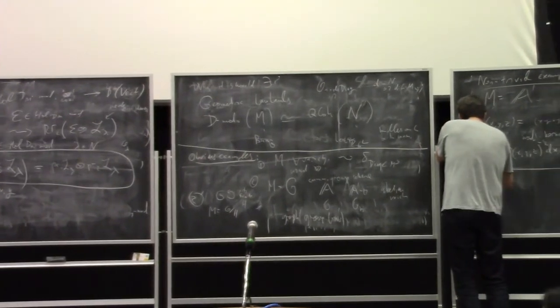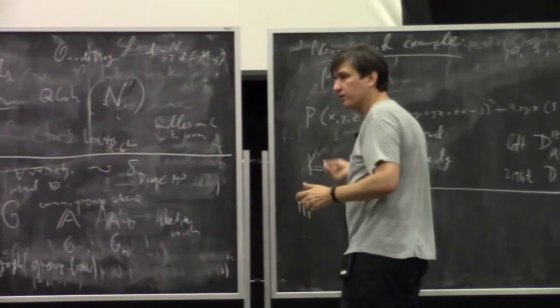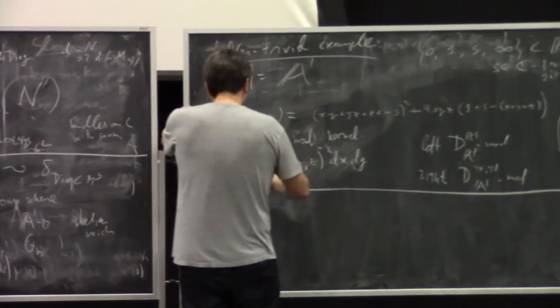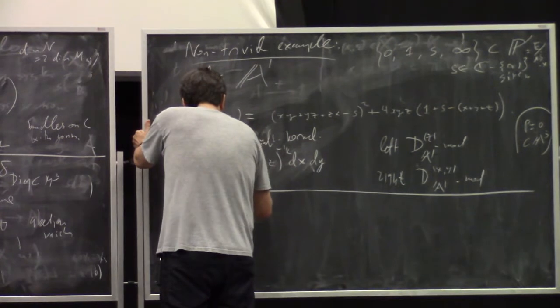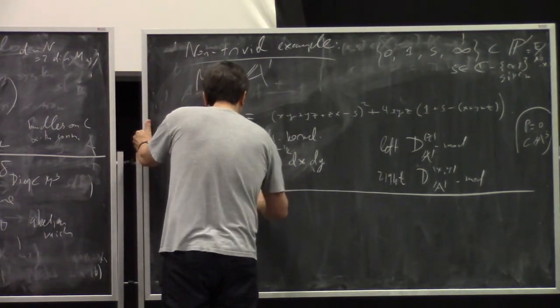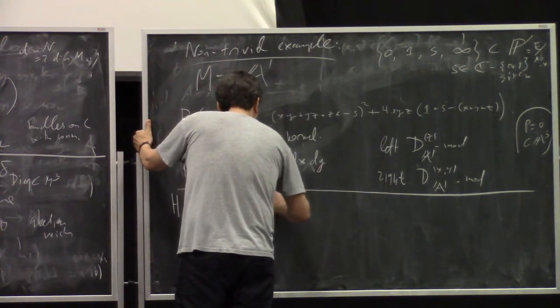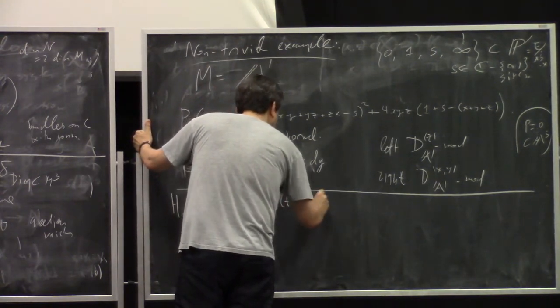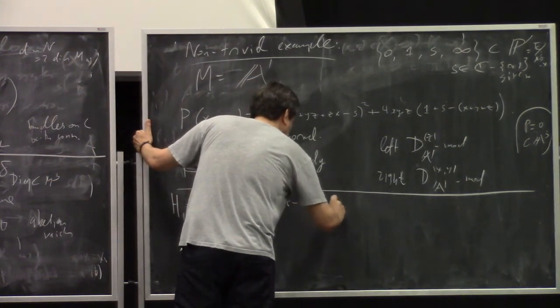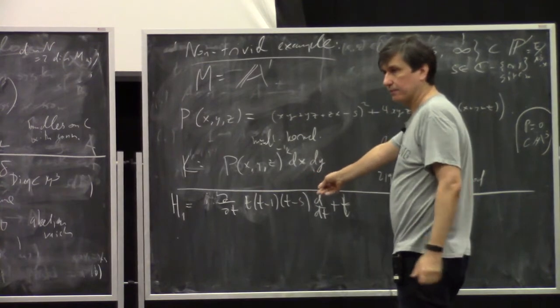Namely, let's introduce the following operator, H. This will be kind of a commuting Hamiltonian. Namely, it will be a differential operator d over dt, some kind of formally self-adjoint operator in one variable.